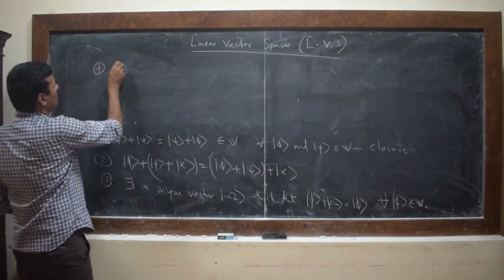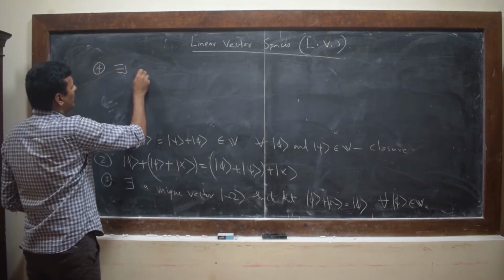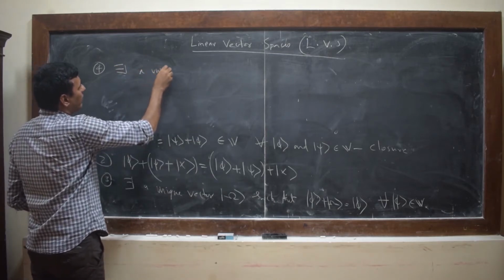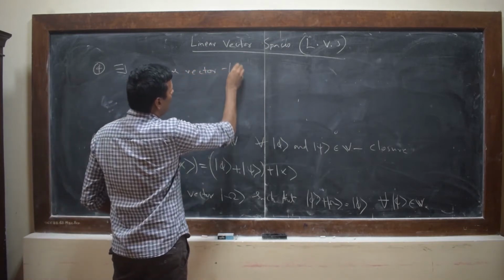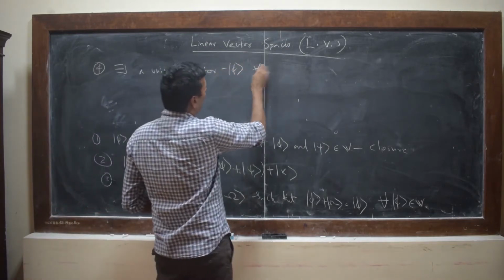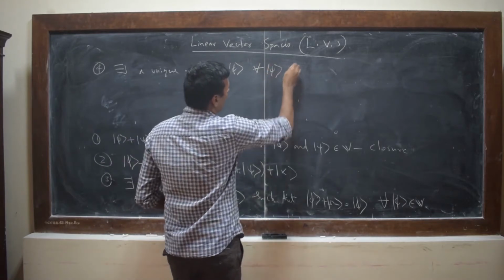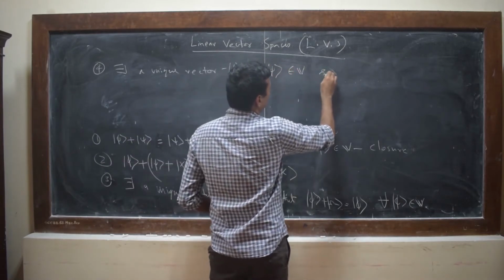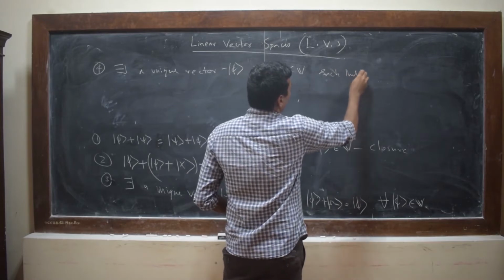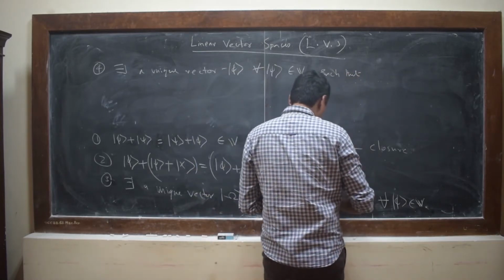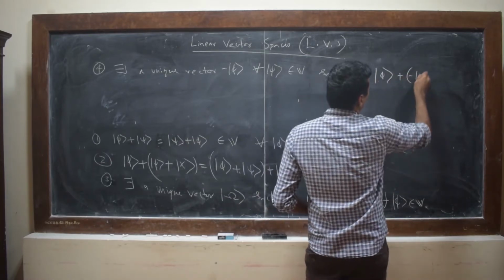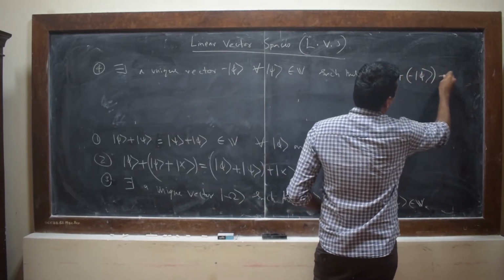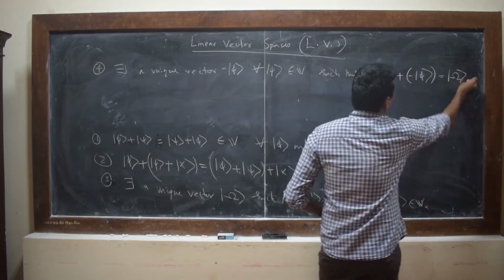The last one is the existence of inverse. There exists a unique vector minus phi for all phi belonging to V such that phi plus minus phi must be equal to omega.